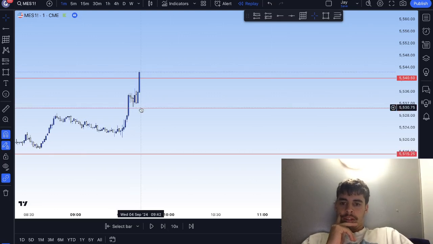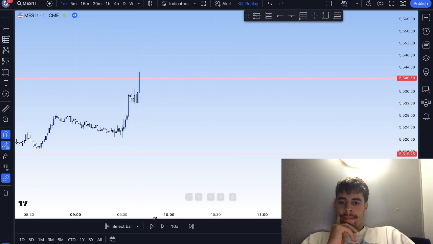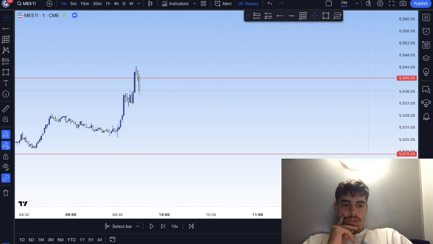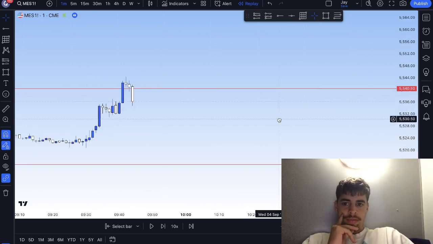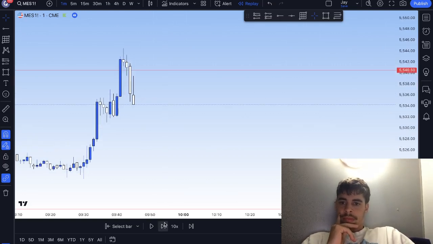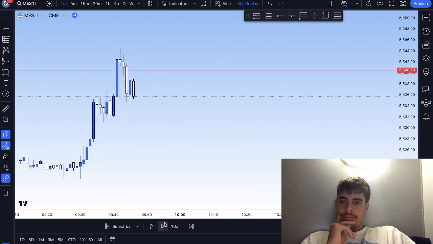We've entered that 4 hour fair value gap. Did we inverse? Hard to tell. Now we've inversed for sure.